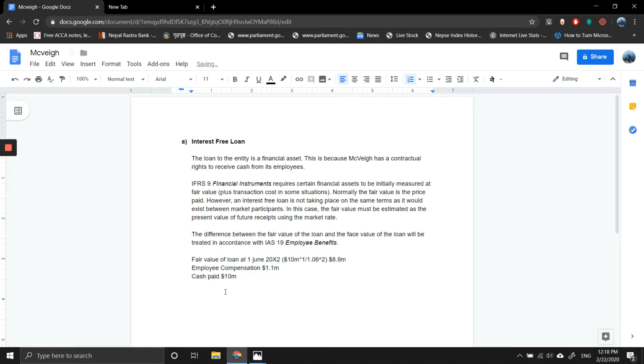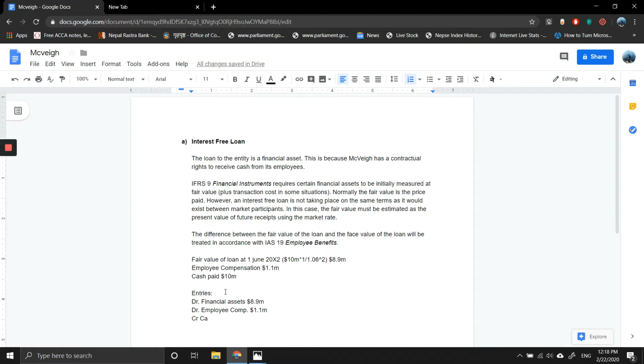So the entries would be: debit financial asset $8.9 million, debit employee compensation $1.1 million, credit cash or cost of sales.